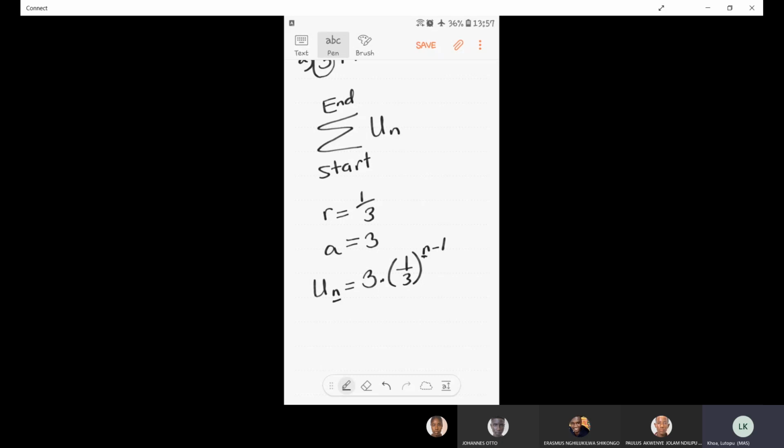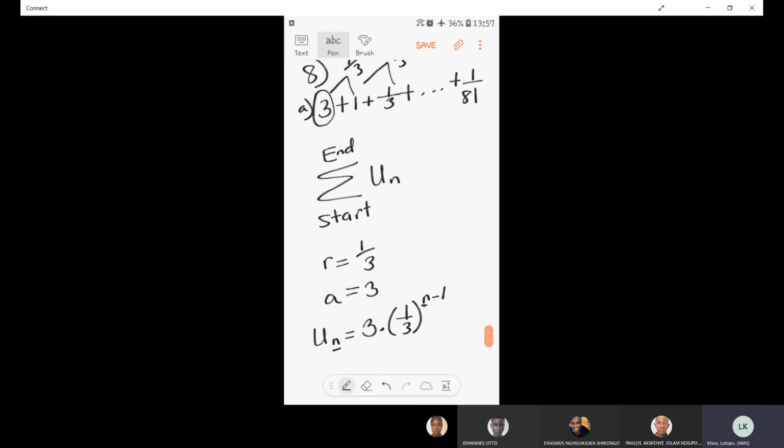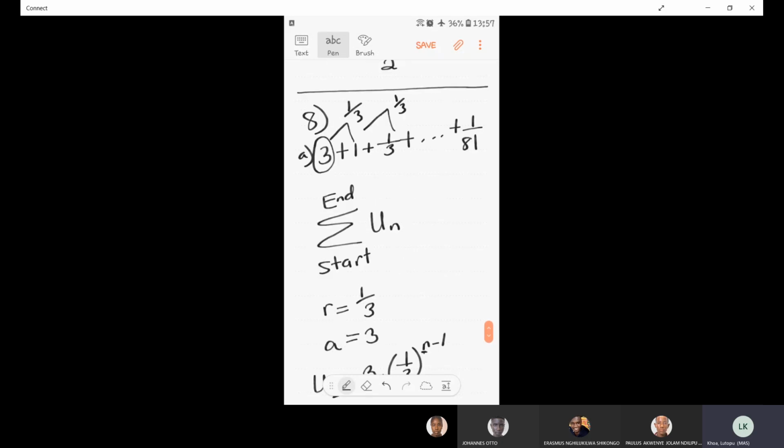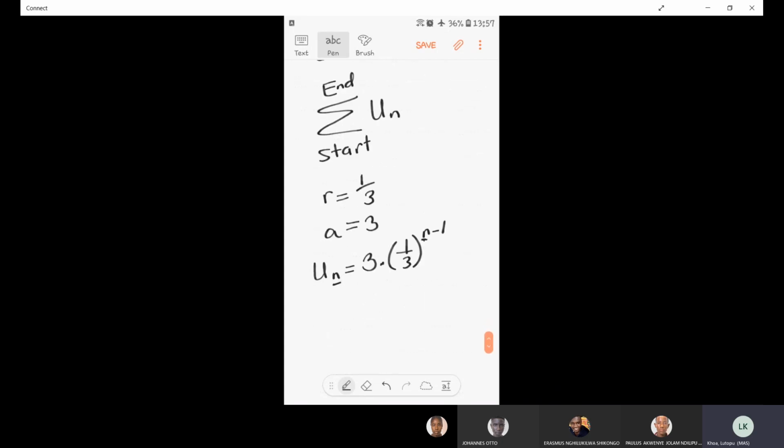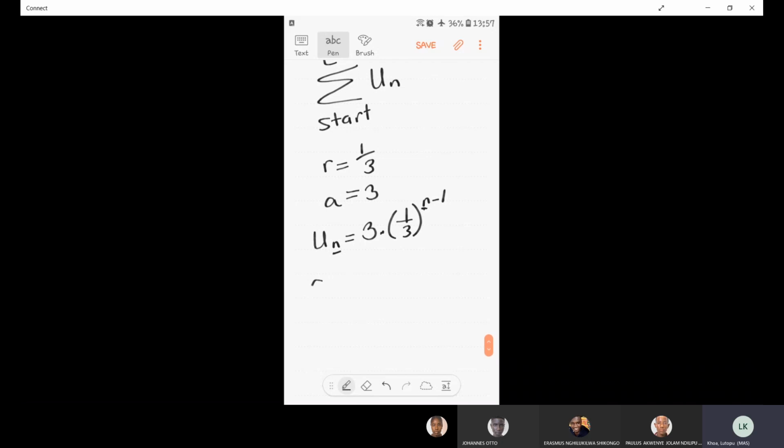Now your starting point is going to be 1, and then your end point is how many terms you have. So you need to work out n if the nth term is 1/81. So we want to find n. We know that the nth term where we stop is 1/81, that's given to us in the series.